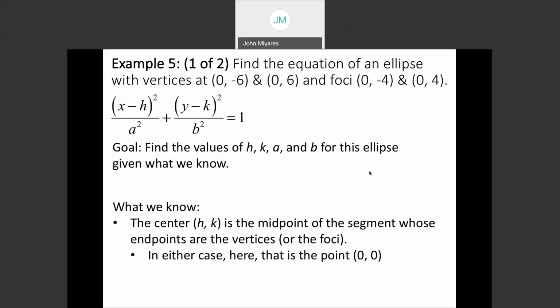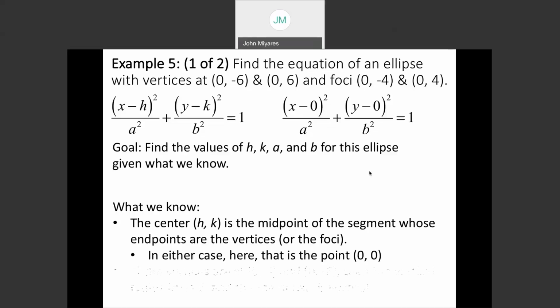So we can start by inserting the h and k value we just realized into our equation. Now our equation will look like (x - 0) squared over a squared plus (y - 0) squared over b squared equals 1.